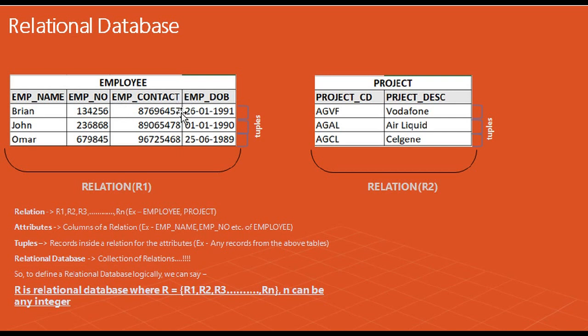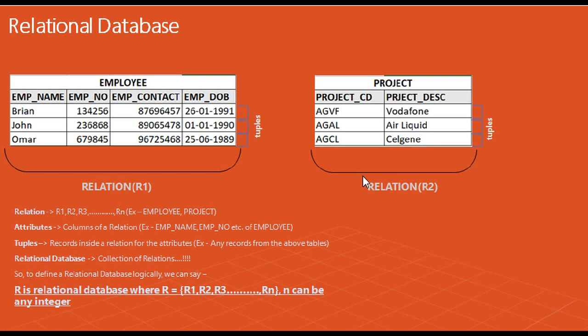If we want a summary, then a relational database is nothing but a collection of relations. If we mark them as R1, R2, etc., then the database is a collection of R1, R2 till Rn, where n can be any integer.